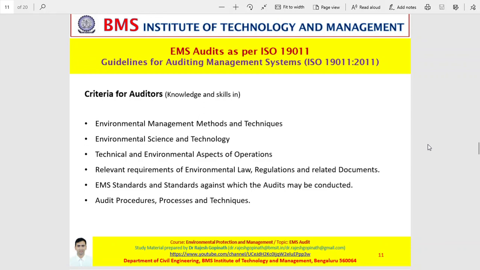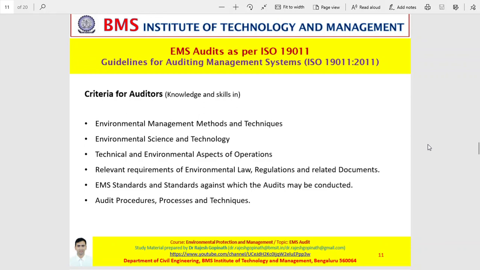So if I need to recap in simple words, an auditor in the domain of EMS audit is a person who is well versed, has sufficient knowledge, is equipped and skilled in environmental science, that is interaction of the living and non-living, environmental engineering, that is design and abatement measures for pollution, should be aware of the various laws, acts, norms, policies, should be aware of all standards with respect to EMS and for the audit.